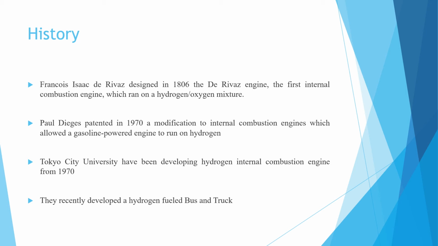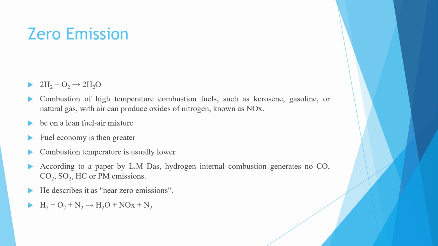They recently developed hydrogen fuel buses and trucks. So students, this is the basic history of the hydrogen. Next is zero emission. Why is it called zero emission? The combustion of hydrogen with oxygen produces water as the only product.